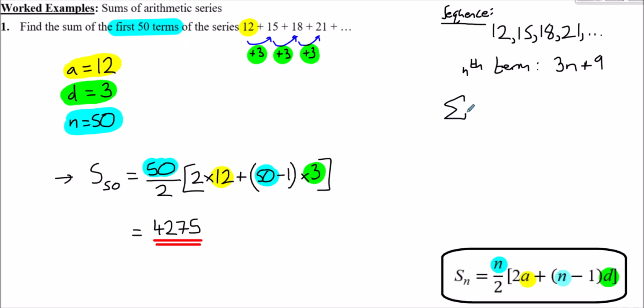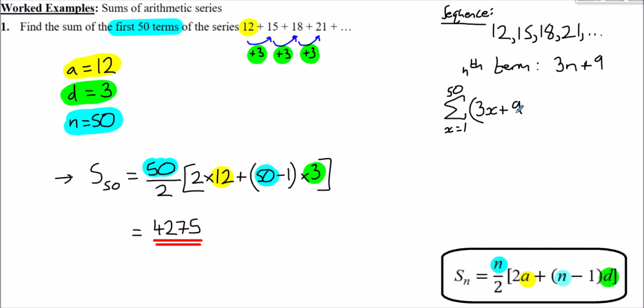So sum is this sigma symbol. First 50 terms means we want it to go from the first term, if I call x the term number, so x equals 1, up to 50, 3x plus 9.